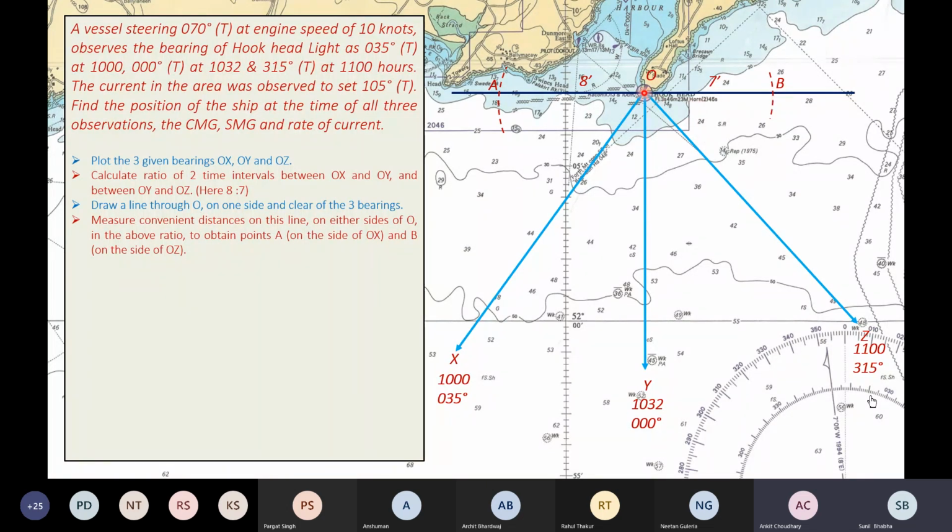We have to measure convenient distances on this particular line on either side of the lighthouse or either side of the object O in the same ratio as we had obtained earlier between the first and second bearing, second and third bearing. And when we do this, we obtain point A. Point A is on the side of the first bearing line, and we obtain point B, which is on the side of the third bearing line.